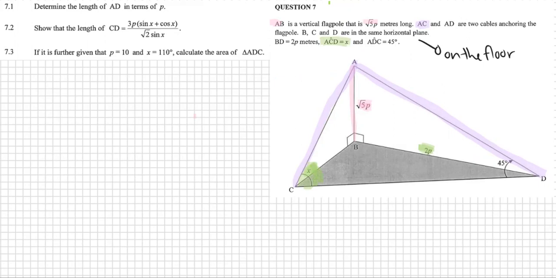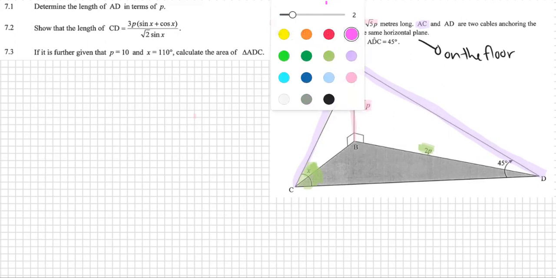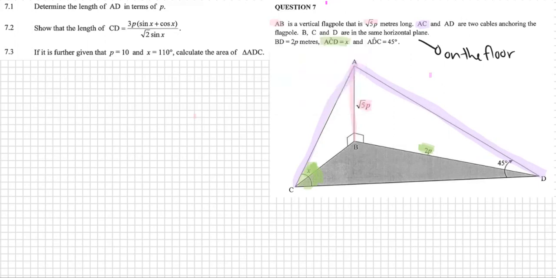ACD is x, and ADC is 45 degrees, also in the front triangle. So this is a 3D shape that has a triangle in the front. So there's basically four triangles altogether that we can work with.